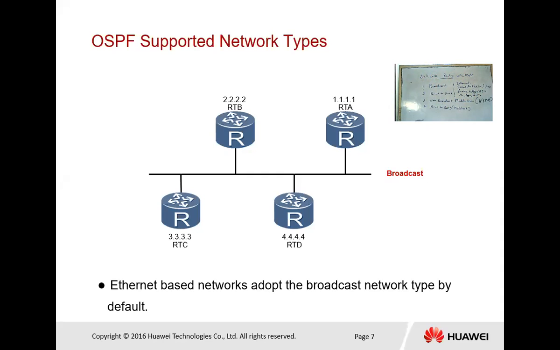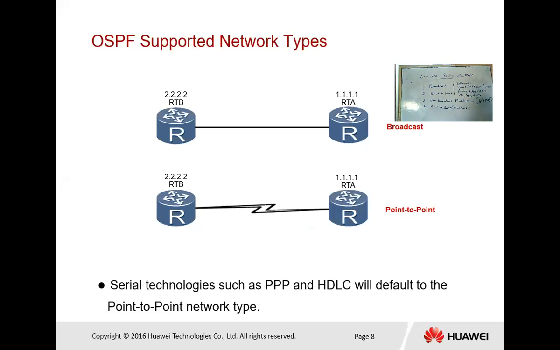When we are talking about the layer 2 network, we are talking about a single LAN. Another is point to point. Even though it is a point to point protocol network, if you choose a serial interface to another network, then it could be automatically taken as a point to point network. So this is a way to assign and identify OSPF.